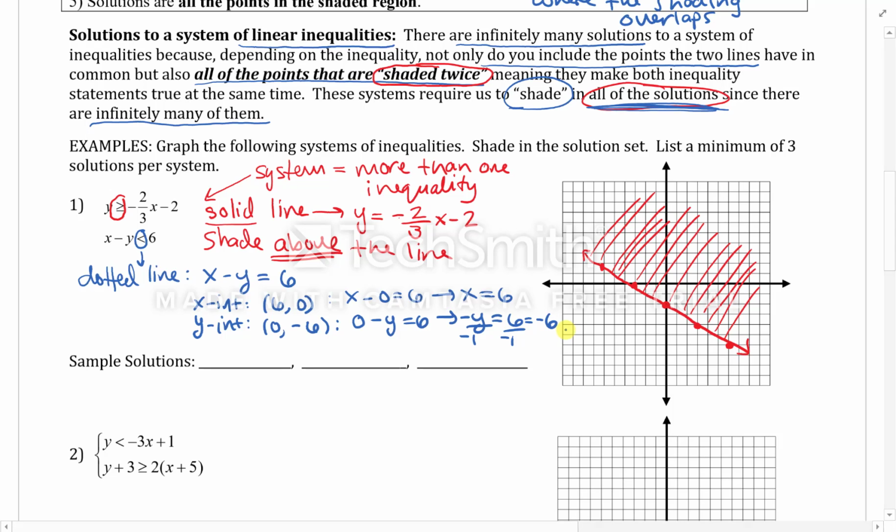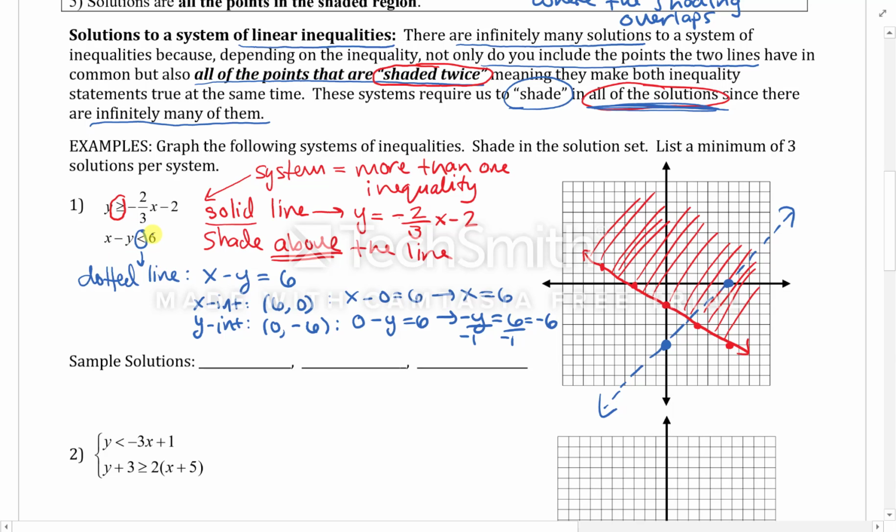So I'm going to plot a point at 6, 0. 1, 2, 3, 4, 5, 6, and then a point at 0, negative 6. And then I'm going to use a dotted line to connect those points because it's not a solid one. It's a dotted one because the inequality was just less than.